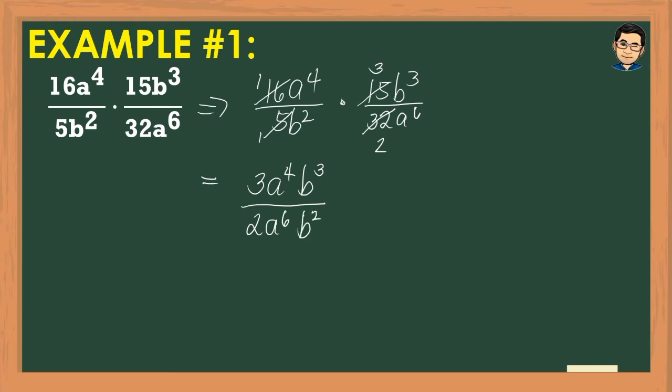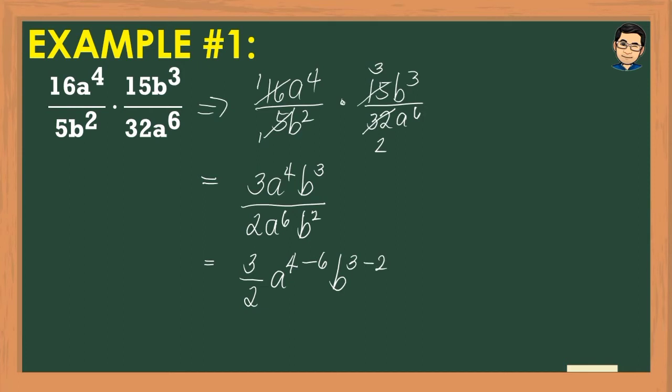Now, we apply quotient rule. So, sa laws of exponents, isusubtract natin yung mga same bases. So, magiging ganito po siya nun: 3 over 2, and then a raised to 4 minus 6, b raised to 3 minus 2.